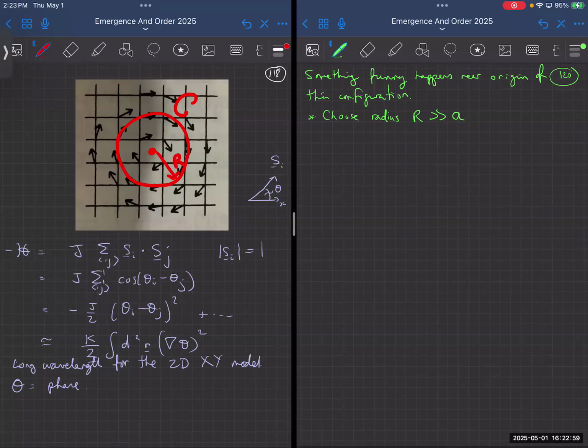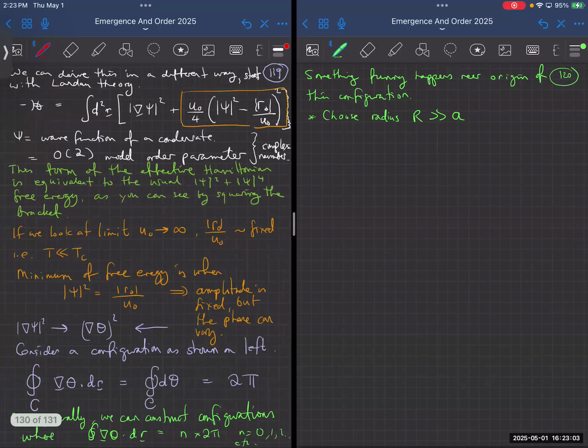And then the line integral around this curve is basically going to be equal to 2 pi r times the magnitude of grad theta, and that has got to equal 2 pi n.